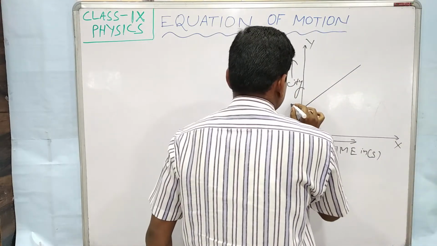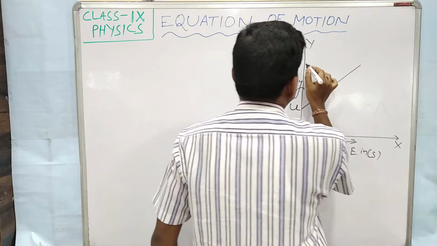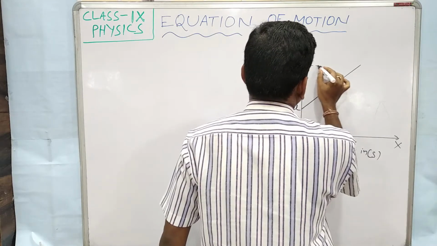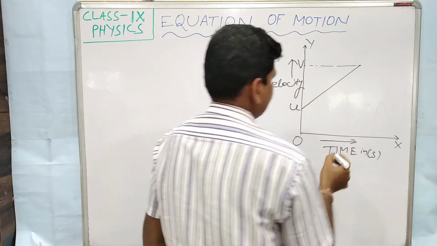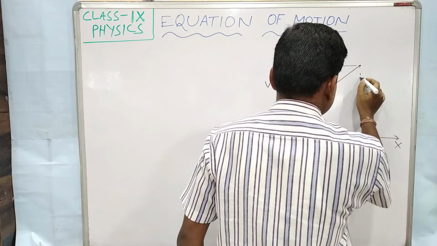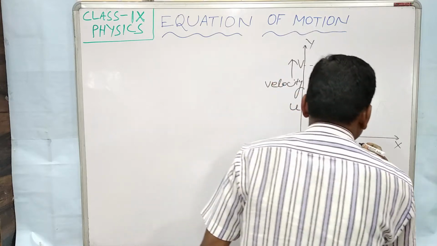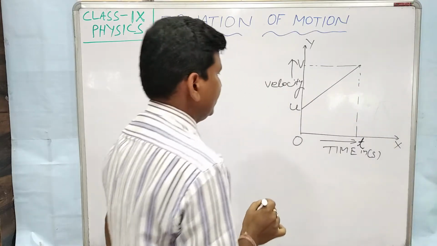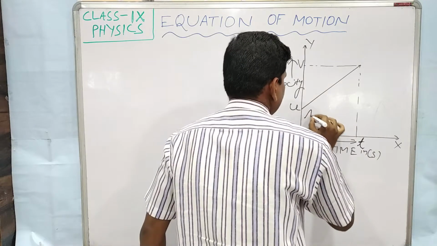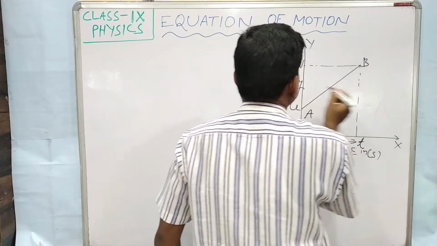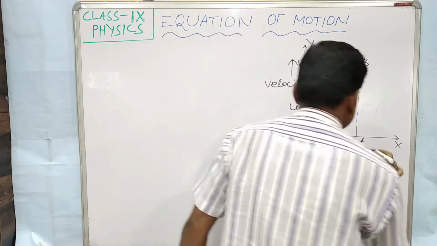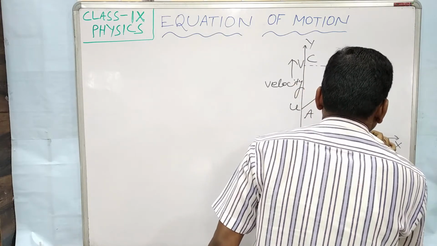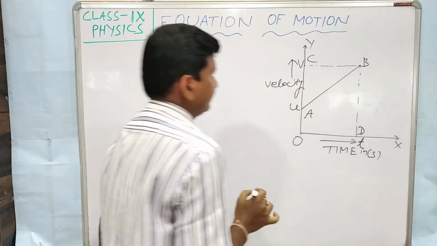So this is your u, this position. Say I am taking v. This is your, say, t. This is the time. Say this is A, B. This we can take C. This point as D.